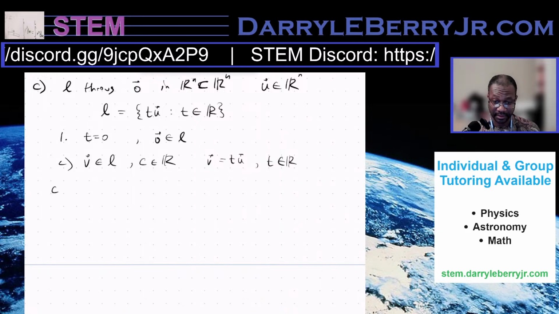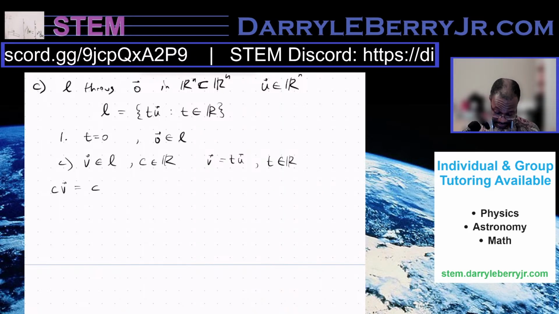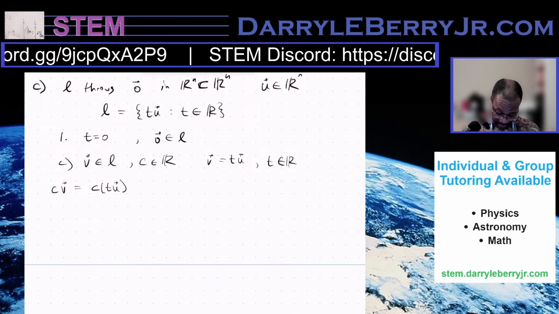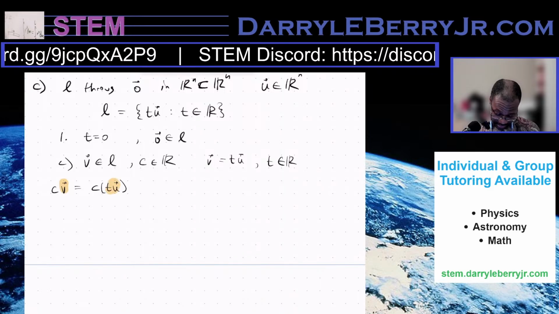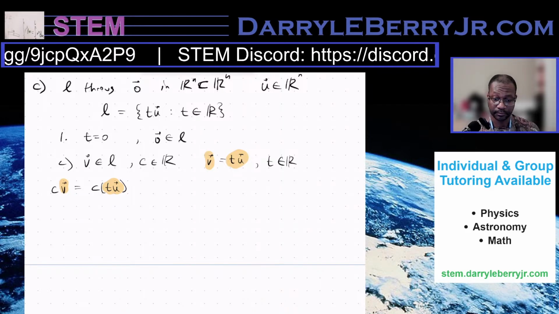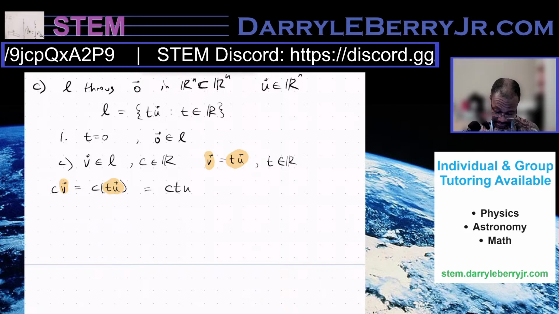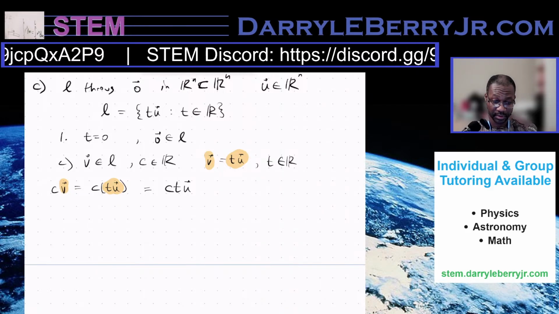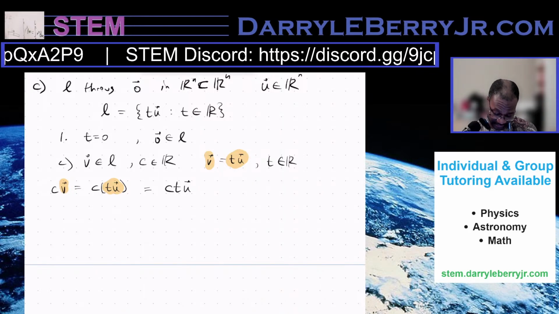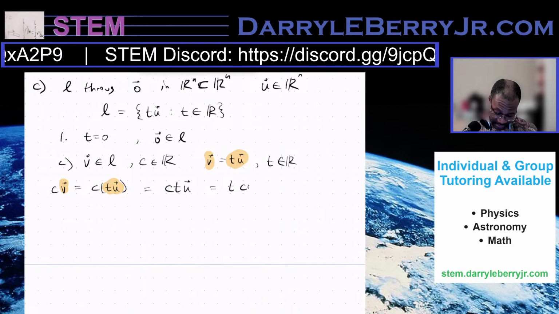So CV equals C times TU, and all I'm doing here is just plugging in what V stands for, equals CTU, which is a scalar multiple of U, hence an element of L, equals TCU.